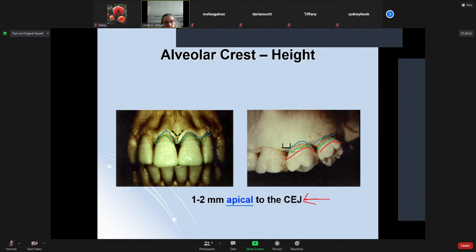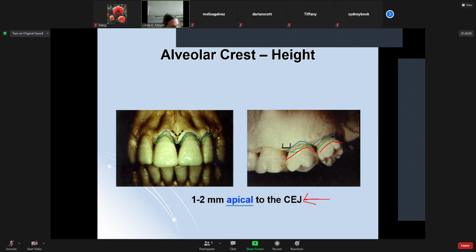Also notice how it follows the outline of the CEJ, just like the free gingiva does. Do you see how, if we look at the alveolar crest on the anterior, it's scalloped there? And it is slightly scalloped in the posterior. So in general, the contour is scalloped, following the outline of the CEJ.